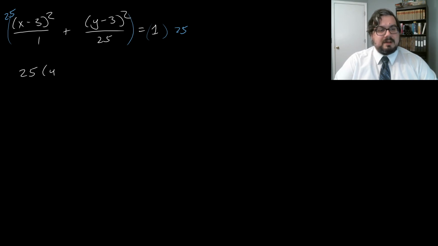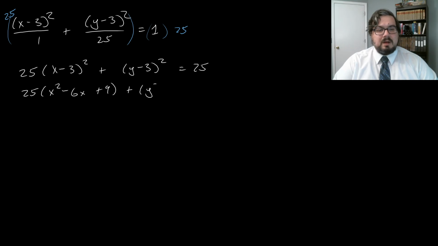So I get 25 times (x minus 3) squared plus (y minus 3) squared, because the 25's cancel, equals 25. Now let's expand things out. Now we get 25 times (x squared minus 6x plus 9) plus (y squared minus 6x plus 9) equals 25.